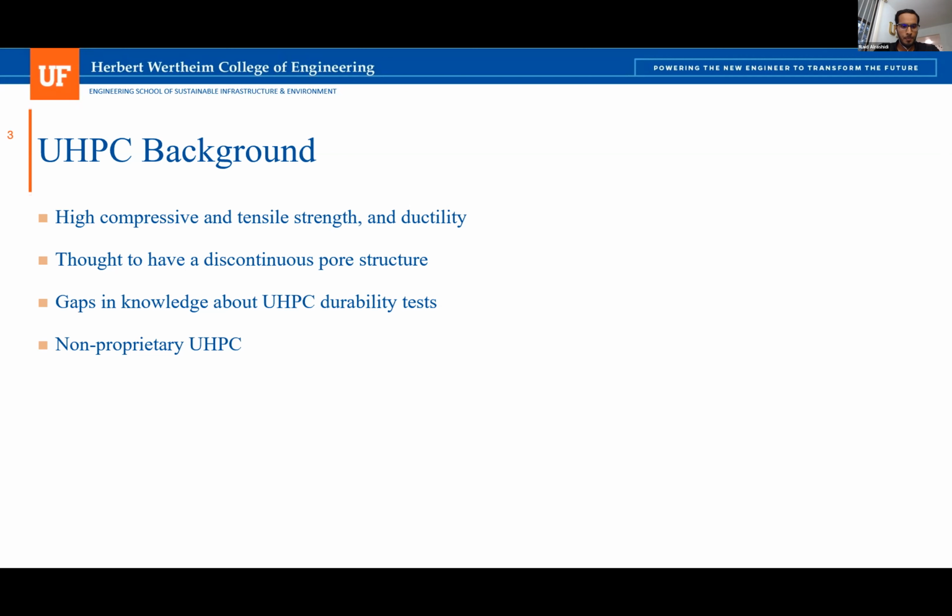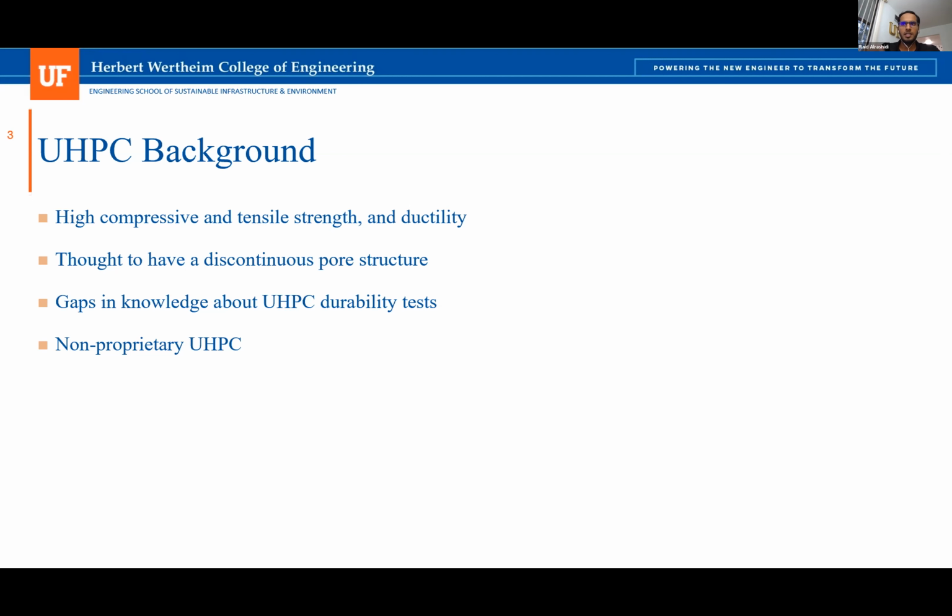UHPC has a very dense microstructure, or I would say a non-continuous porous structure. So this makes it really difficult to use certain durability test methods that are used for normal concrete. Some modification to these tests needs to be done in order to make them work for UHPC.